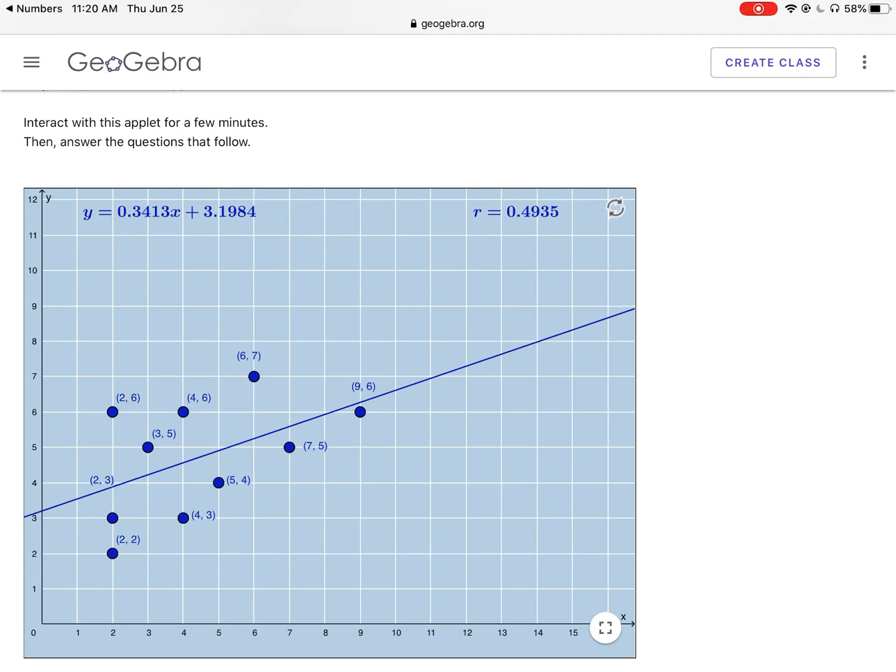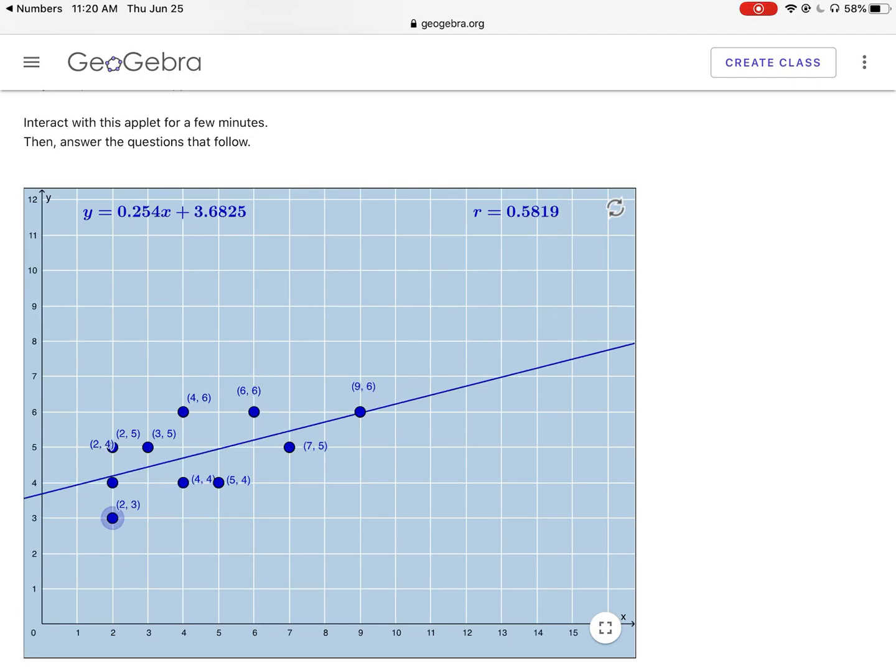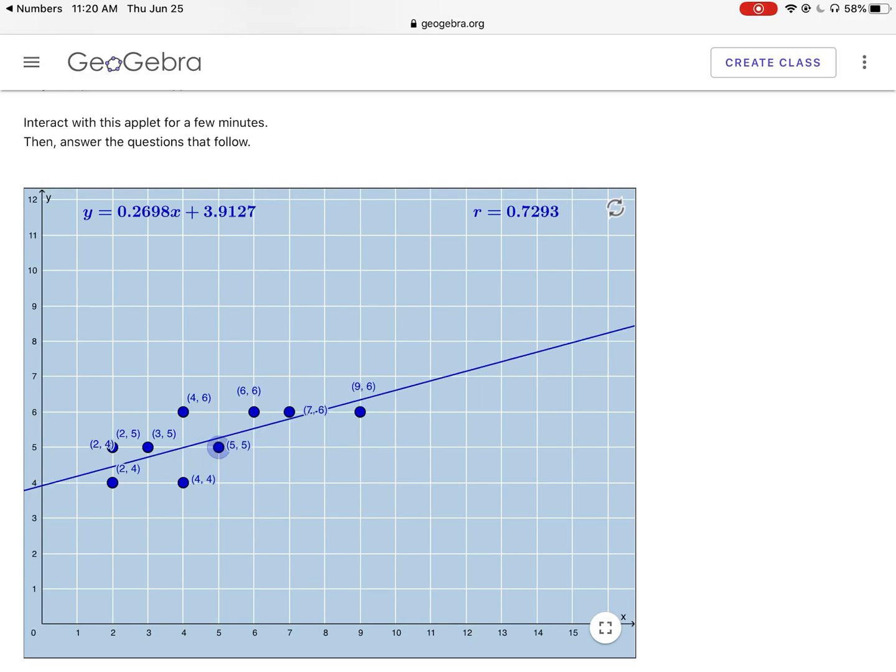Okay, I'm going to move the points of my data set around, and you'll see that that's going to adjust both the equation and the R value. Okay, I'm going to try to pull these points a little closer together. And you can see that as I'm doing that, these R values are getting closer and closer to 1.